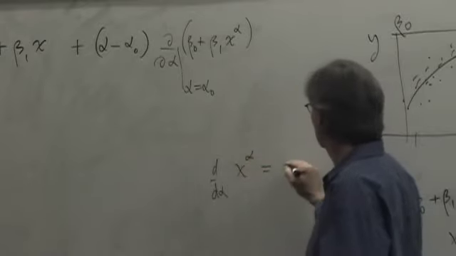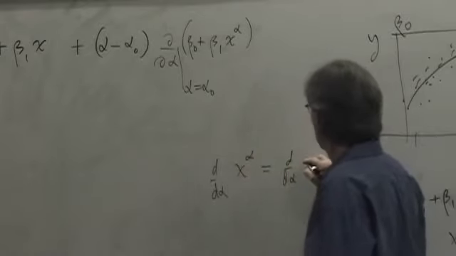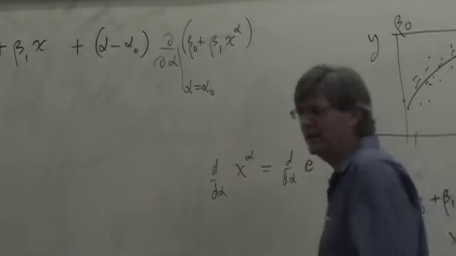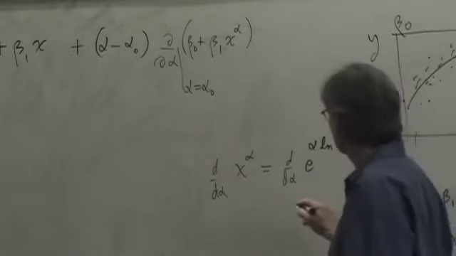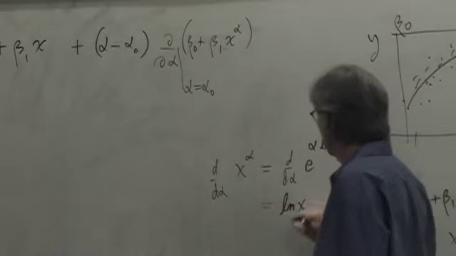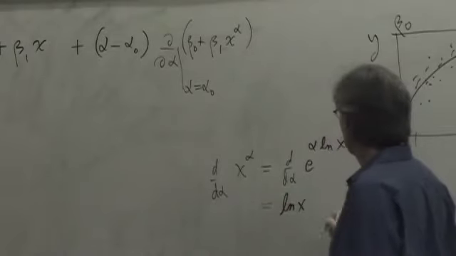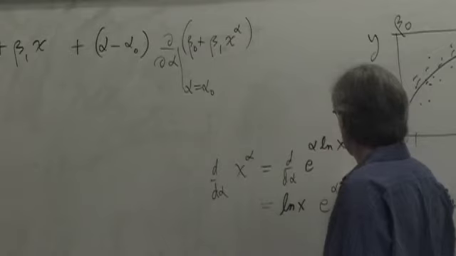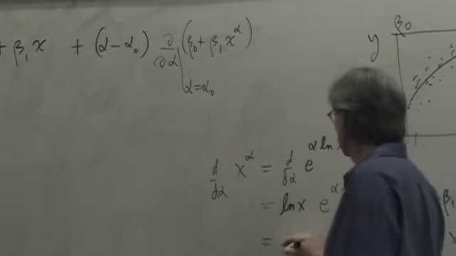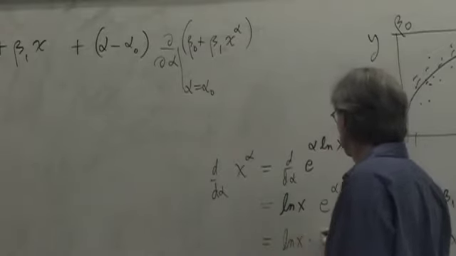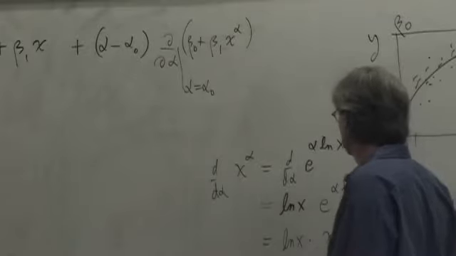So you have to write this as d by d alpha of e to the alpha log x. Then take the derivative with respect to alpha. You get a log x coming down, and then you get your exponential back again: e to the alpha log x equals log x times x to the alpha.